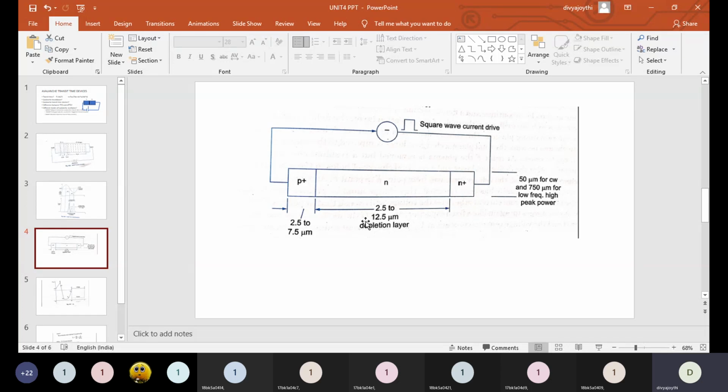That plasma happens in the TRAPATT diode, whereas in IMPATT the plasma formation is not there. The avalanche current multiplication is the operation because of which the high frequency microwave signal is generated.